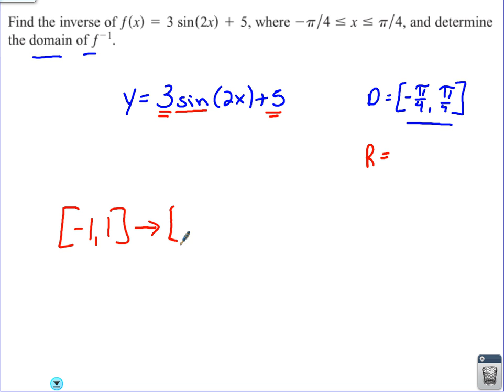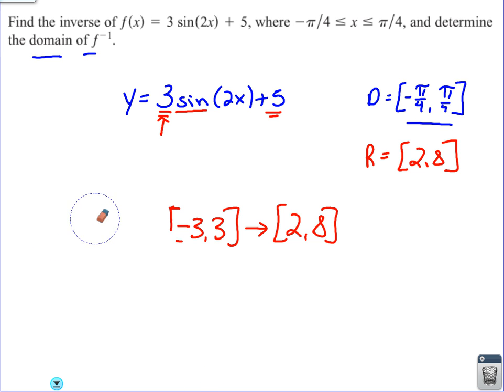Where's it at now? Negative 3 to positive 3. And then we're going to shift it up 5 units. So our negative 3 turns into 2, and our positive 3 turns into 8. So the range of this function is from 2 to 8.